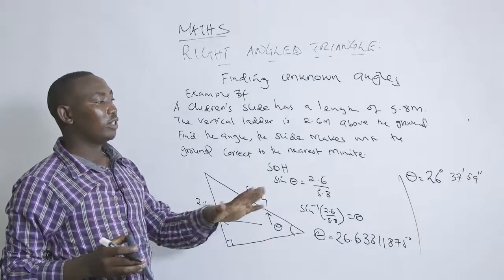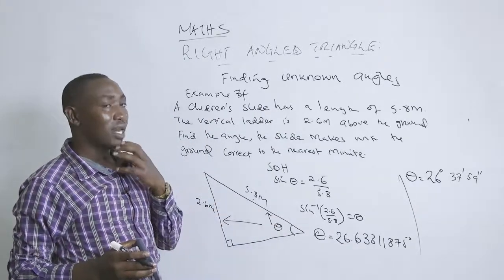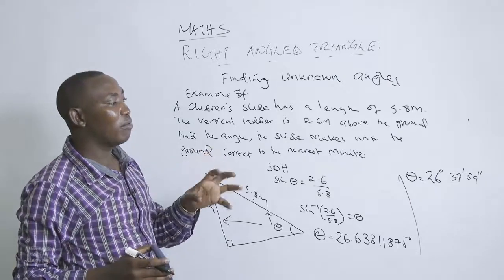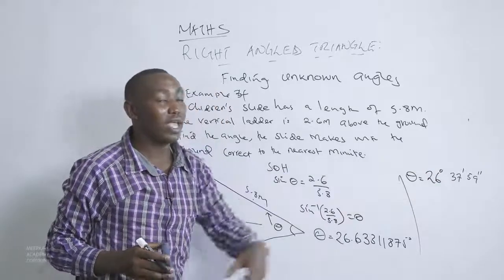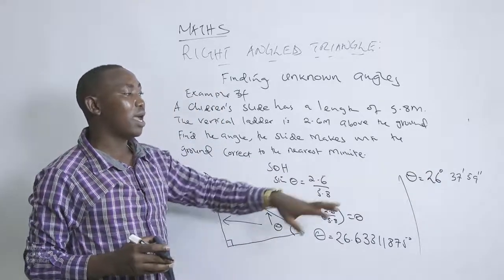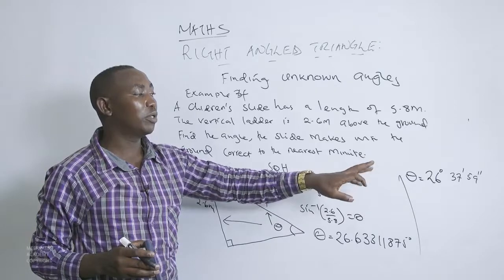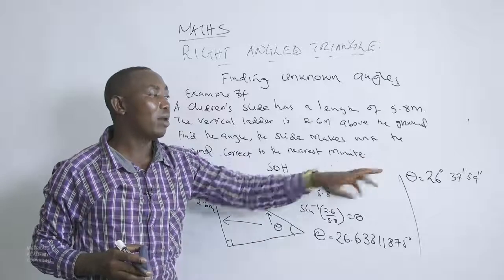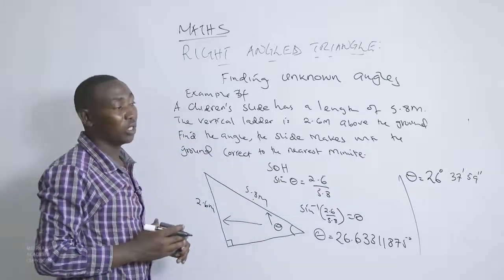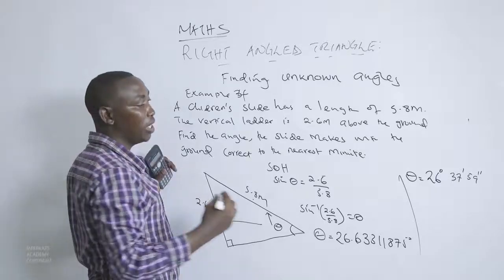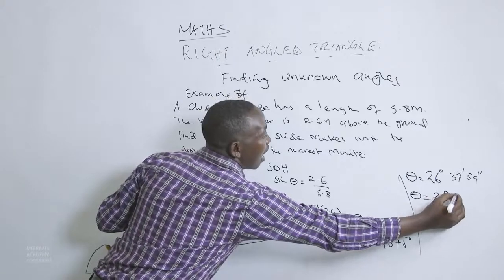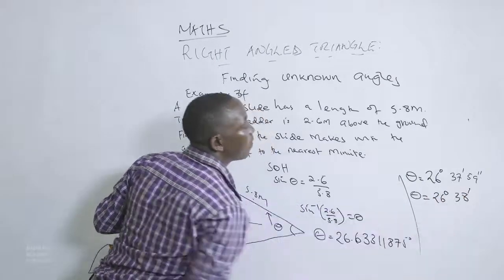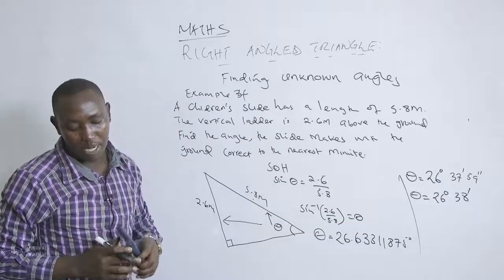Now, because 59 seconds is more than 30, more than half of a minute, it is going to affect those particular minutes, and therefore we add 1 minute to 37 to make it 38, and therefore to the nearest minute that particular angle shall be 26 degrees and 38 minutes.